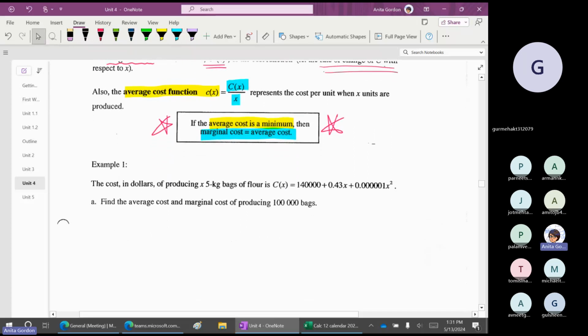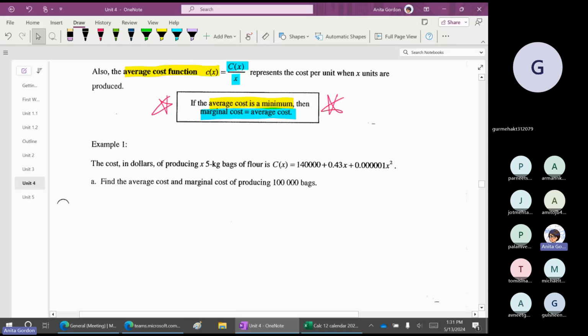So here's an example of what that might look like. It costs, in dollars, to produce x 5-kilogram bags of flour. This is the function of how much it costs to produce bags of flour. Find the average cost and the marginal cost of producing approximately 100,000 bags of flour.